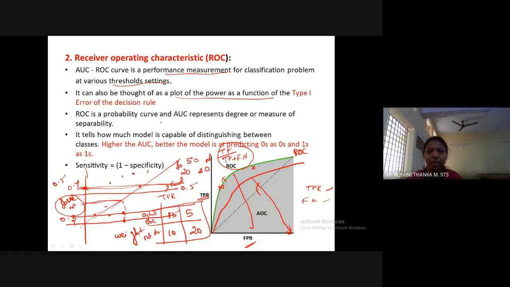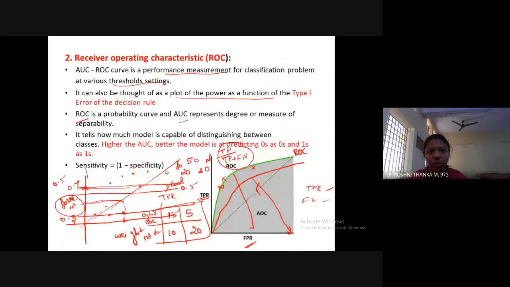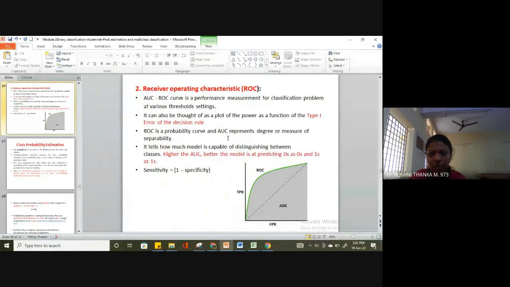We can measure ROC and AUC separately and distinguish which has the higher AUC. I hope you got some idea about what ROC and AUC are.